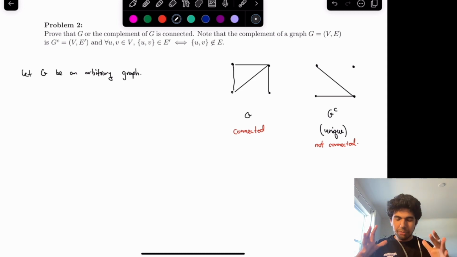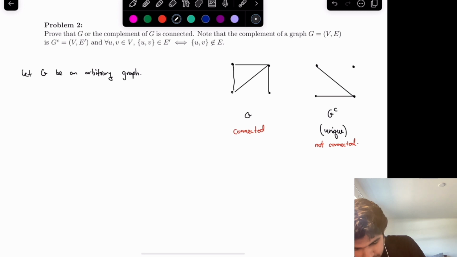So we have some graph that someone drew on a board, perhaps, and we need to argue that this is true. Well, let's say that I just drew a graph on a board for you. If it's connected, then we're good. We don't have to deal with anything. So basically, we can consider 2 cases.